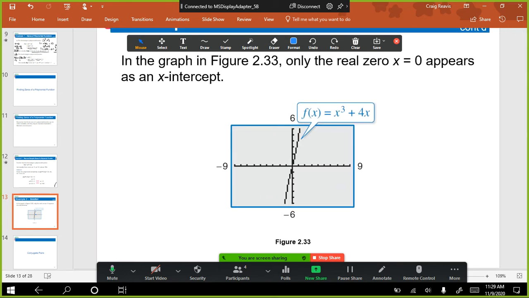If you'll notice, it only crosses the x-axis in one spot. That's why we've got to be able to do some algebra to find all the complex zeros and real zeros, because you can't look at a graph. The real zeros do show up. Imaginary zeros do not.